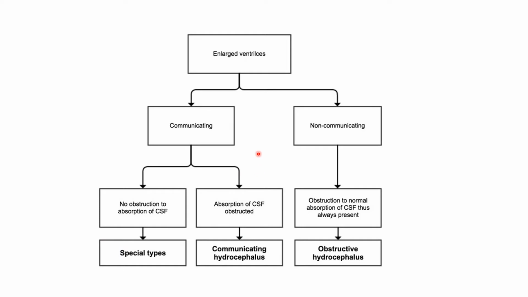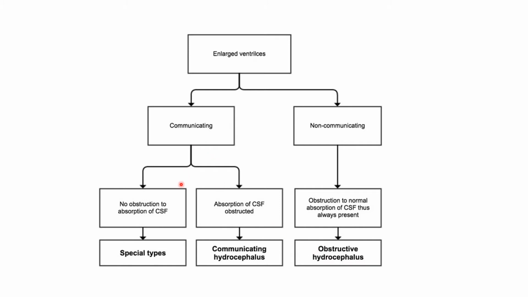Now, if you see enlarged ventricles on the CT or the MRI, it is either communicating or non-communicating. If it is non-communicating, the obstruction of the CSF pathway is present, and this is called obstructive hydrocephalus.